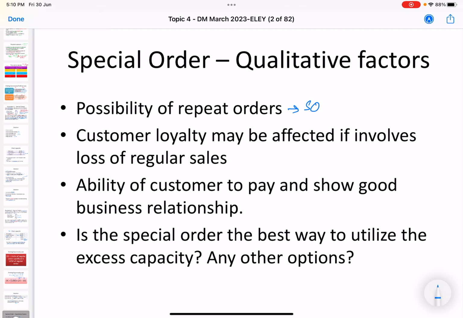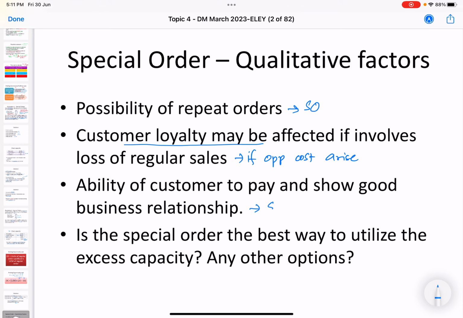If yes, maybe it's a good idea to start making it now. Okay. Customer loyalty may be affected if opportunity costs arise. So you might want to draw the attention of the management that if opportunity cost occurs, customer loyalty may be affected.